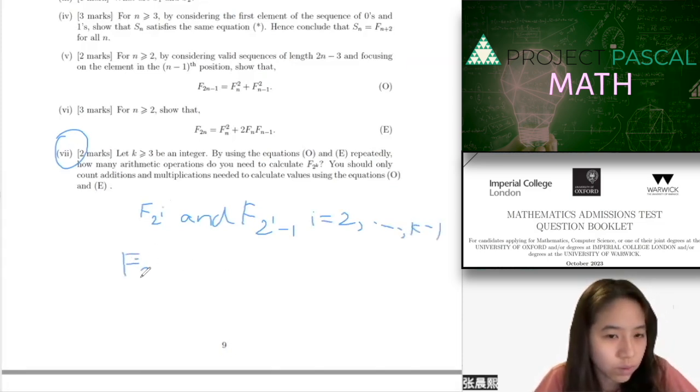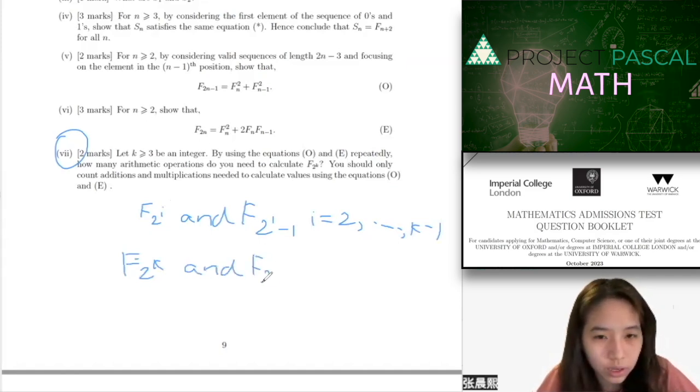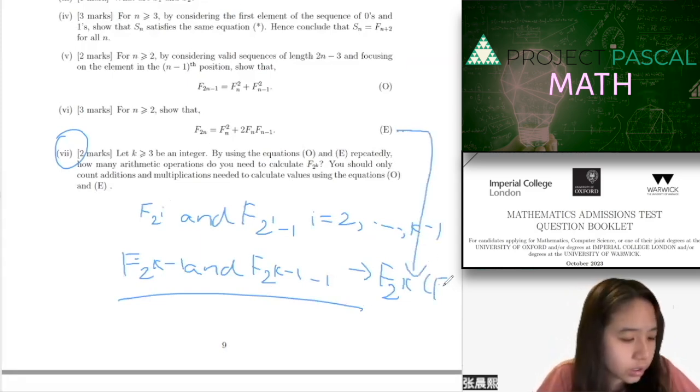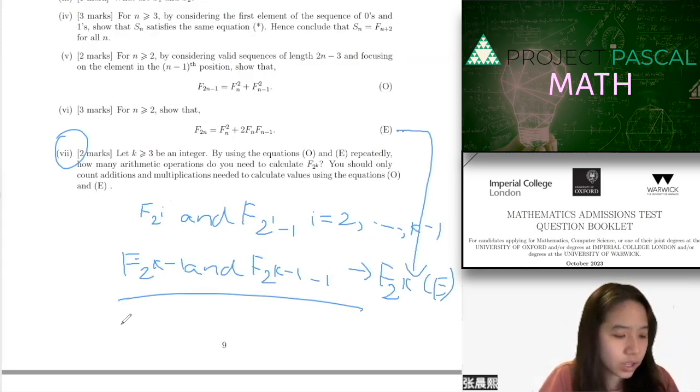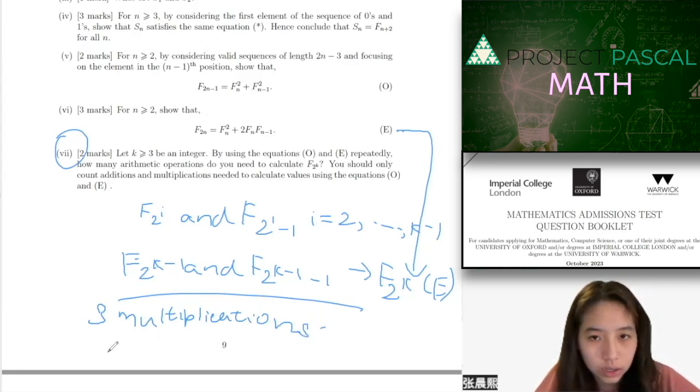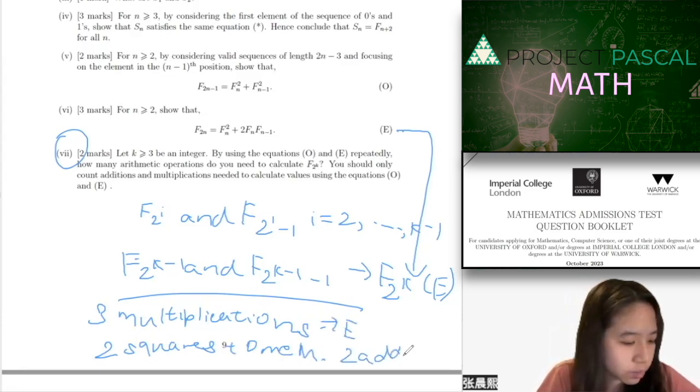And then you use f2k and f2k minus 1 to get f2k. Because you can use both, you can use E. So for all of these pairings, you need 3 multiplications, because you need 2 squares and 1 multiplication if you just look at E. And then you need 2 additions.